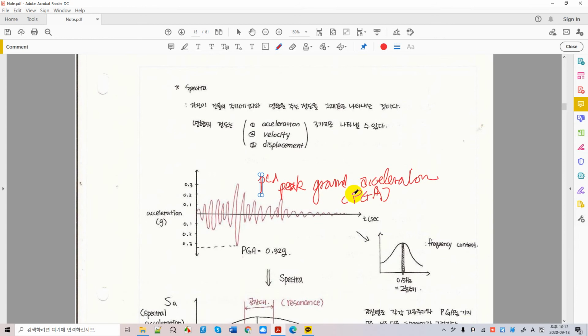You say this is PGA. Okay, so we pick up peak ground accelerations. So we have three types of peak ground values, right? First one, acceleration, and velocity and displacement. So now let's take a look at how we're going to plot the spectrum plots for all of them: acceleration, velocity, and displacement.